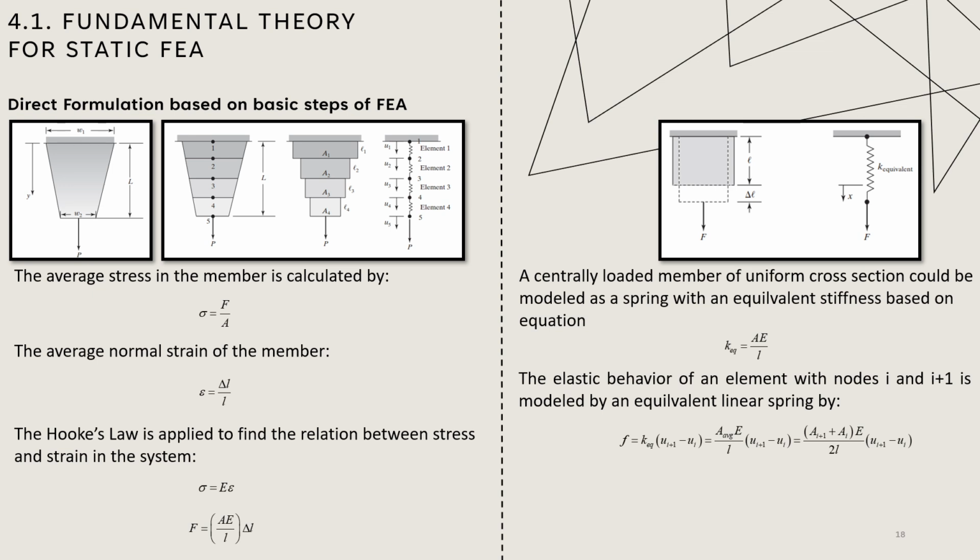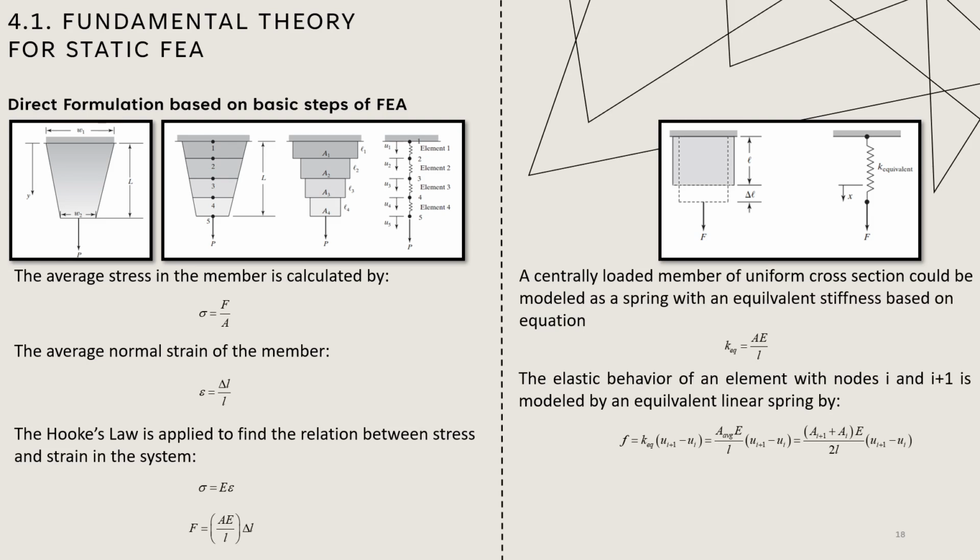planning to calculate the stress, the strain, and the relation between them from Hooke's law, and from that we're gonna get the spring stiffness, and finally we get the elastic behavior of the element with nodes from node i to node i plus 1, as you can see in the function on your right.